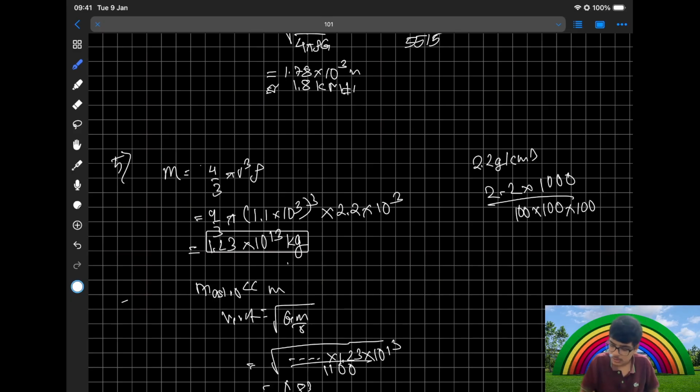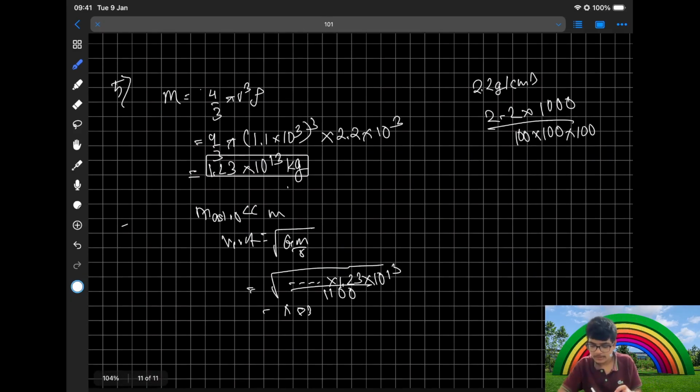So it will come as 0.86 kilometers per second, right? Actually, really easy question. It's kilogram here.